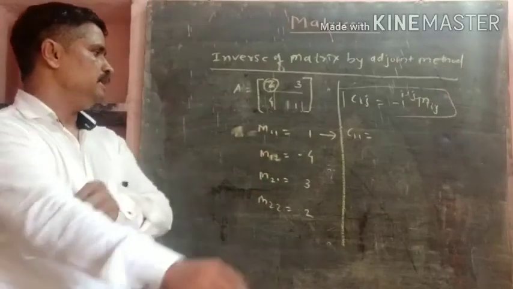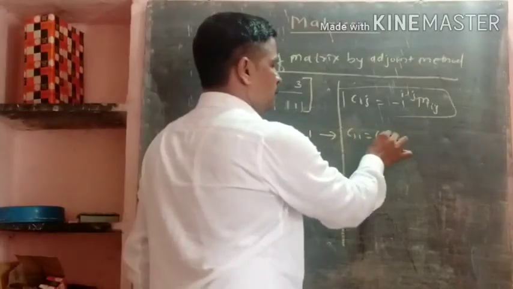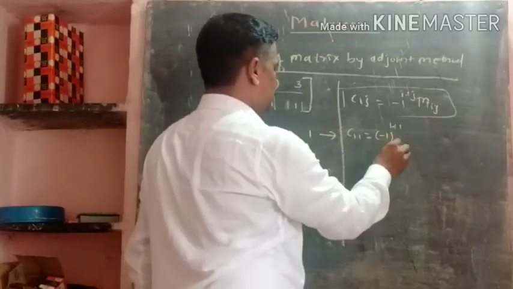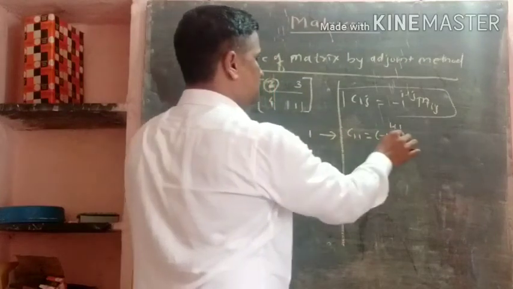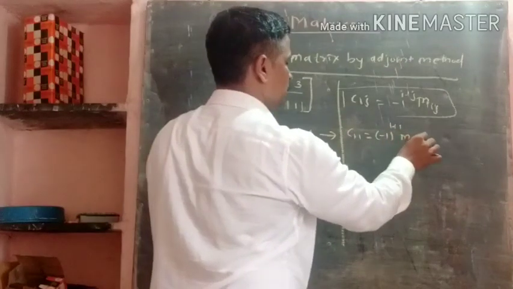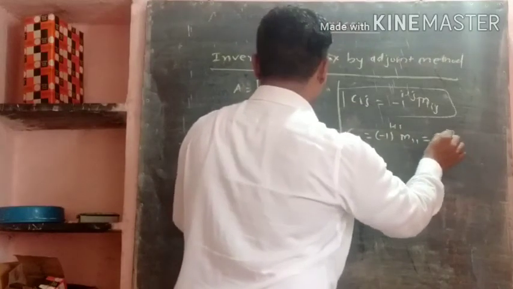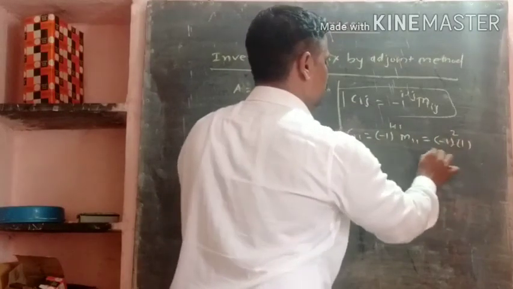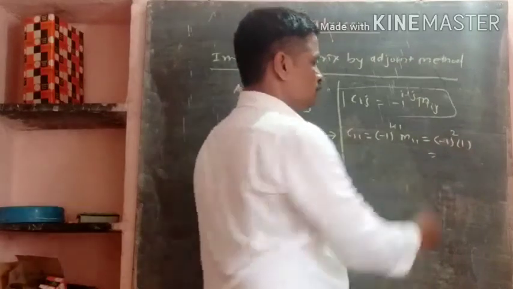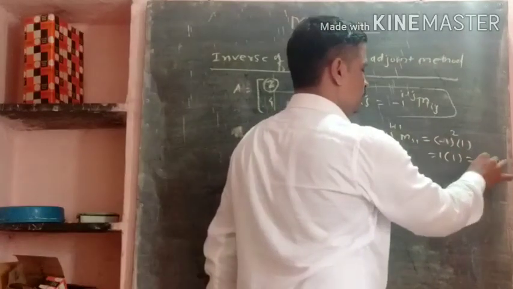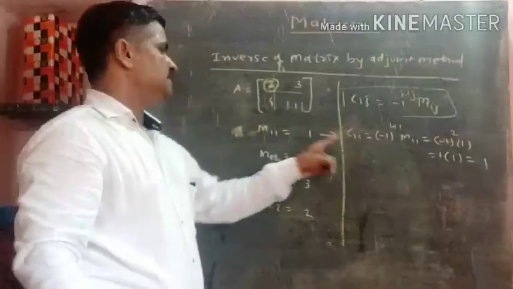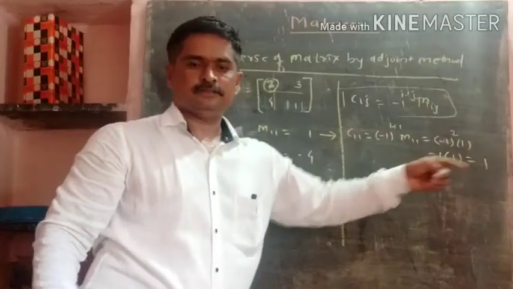C suffix 11 equals minus 1 raised to 1 plus 1 into M suffix 11, that is minus 1 raised to 2, and M suffix 11 has value 1. So minus 1 raised to 2 equals 1, so 1 into 1 equals 1. So C11 equals 1.